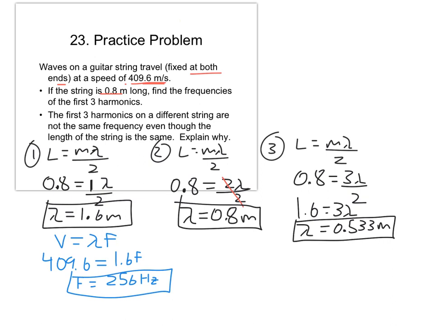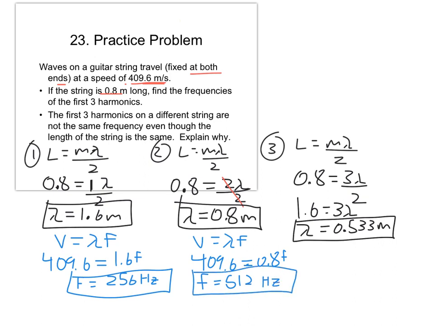Moving on to our second situation, velocity is wavelength times frequency once again. So 409.6 is going to be equal to our wavelength 0.8 times frequency. And so we find that frequency here is 512 hertz. And then for our last one, velocity is wavelength times frequency.